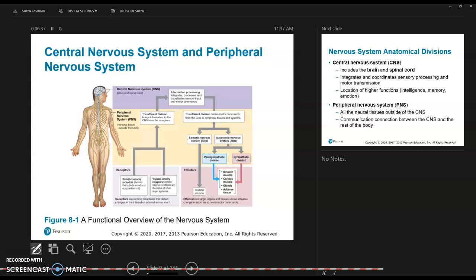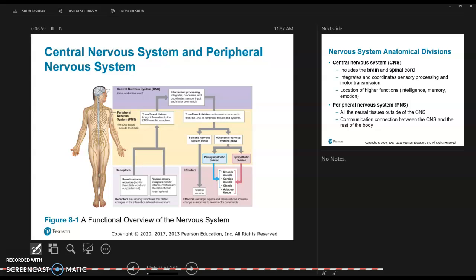So the responses are sent through the efferent division. And we have the somatic nervous system, which has a target of skeletal muscle, and the autonomic nervous system, which is divided into the parasympathetic and sympathetic. Both of these, parasympathetic and sympathetic, affect the same things.